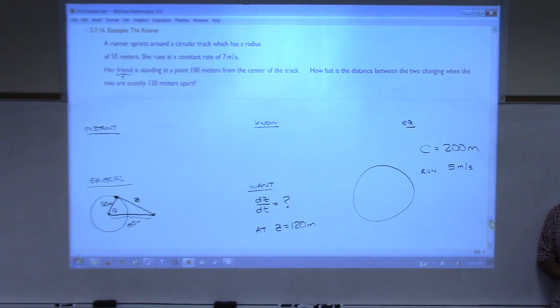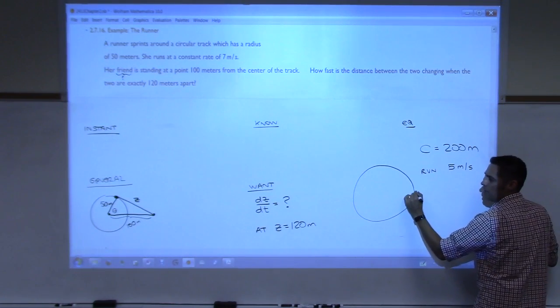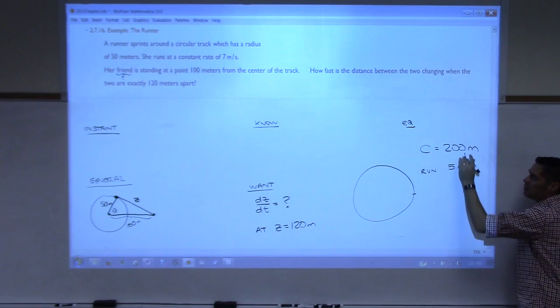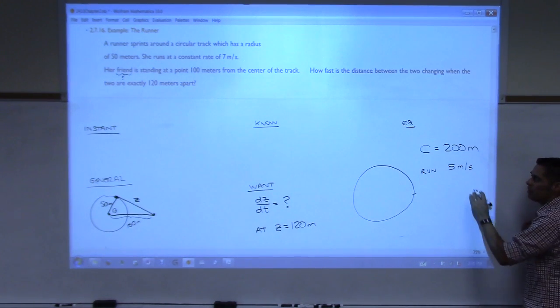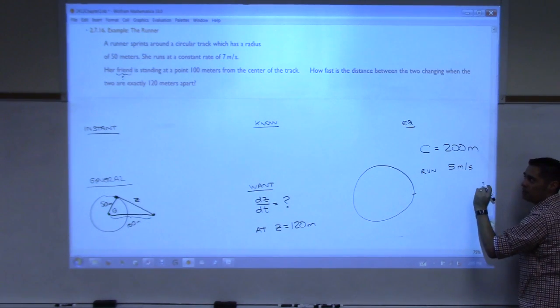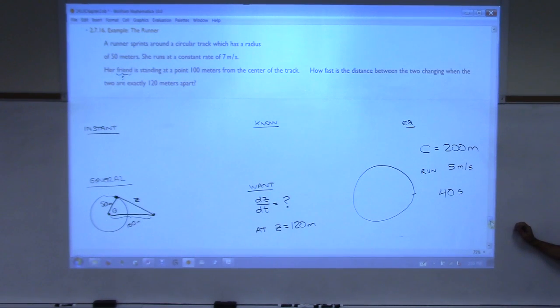How long is it going to take me to go around that track? I start here, start running. I have to go how far? 200 meters. It's going to take me how many seconds? 40 seconds. Everyone agree? 40 seconds is going to take me to go around that track.